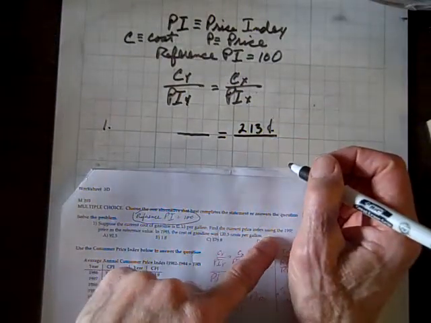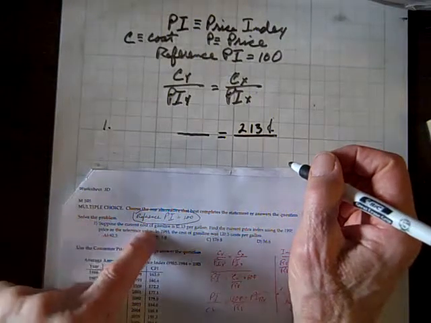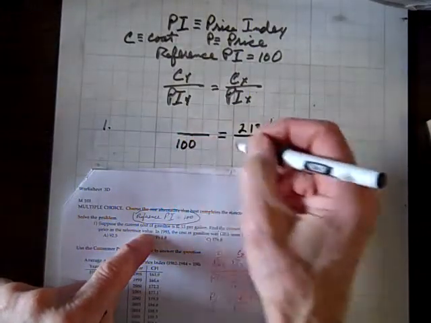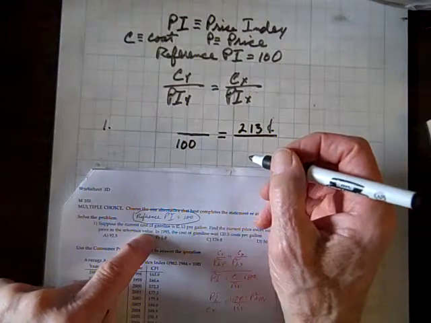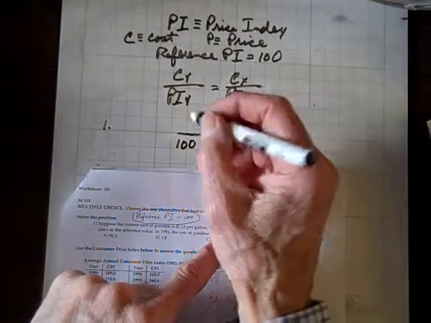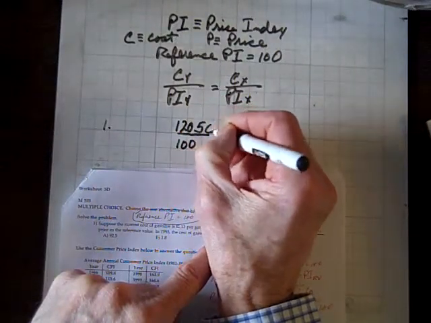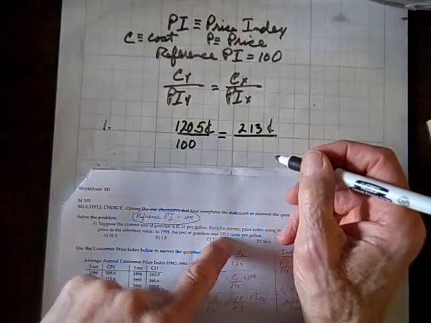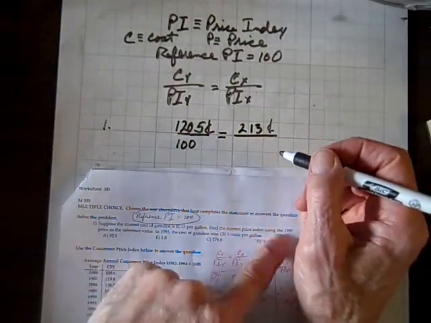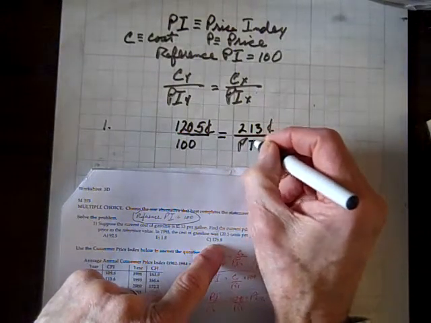Find the current price index using 1995 as the reference value. So the price index for 1995 is going to be 100 because it's a reference value. In 1995, the cost of gasoline was 120.5 cents per gallon. And so we need to find the current price index.